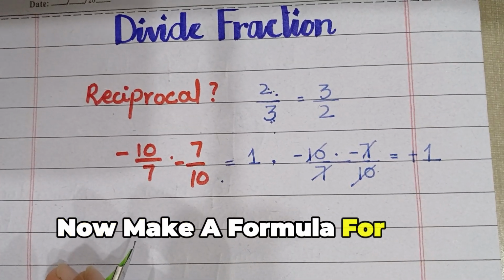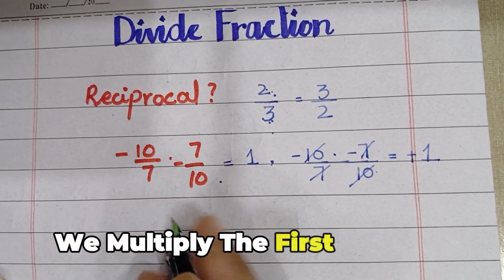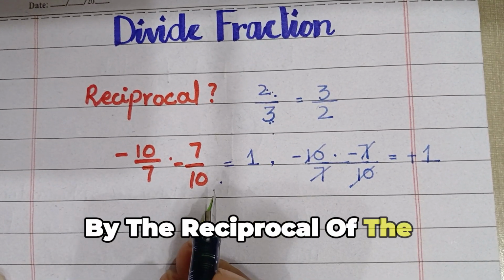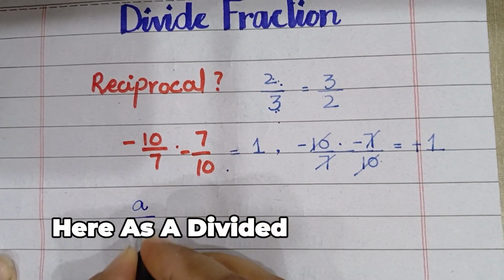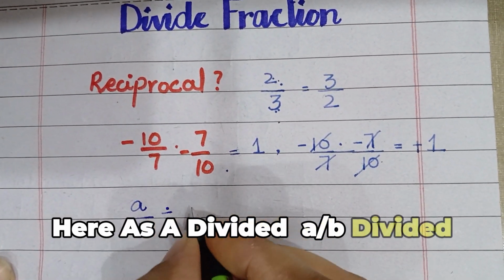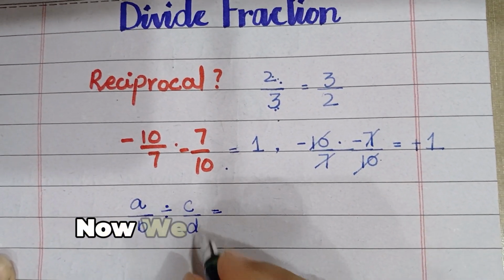Now let's make a formula for dividing fractions. We multiply the first fraction by the reciprocal of the second, here as A/B divided by C/D.